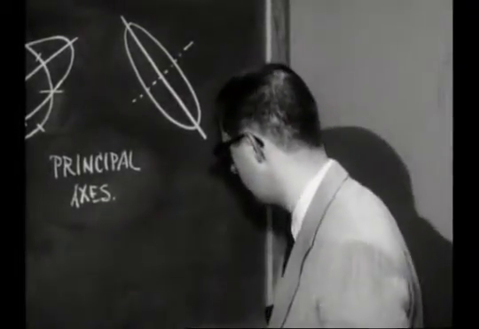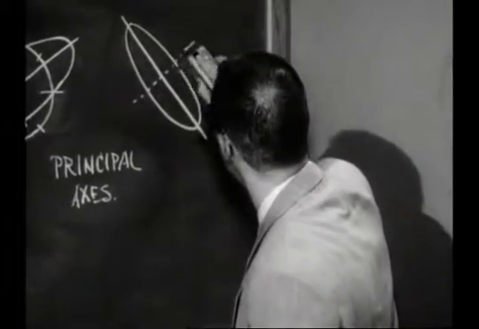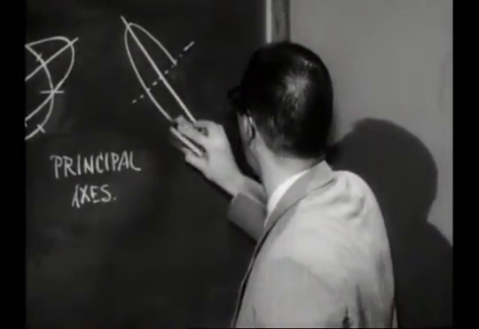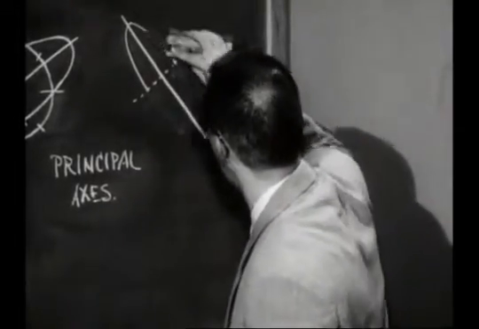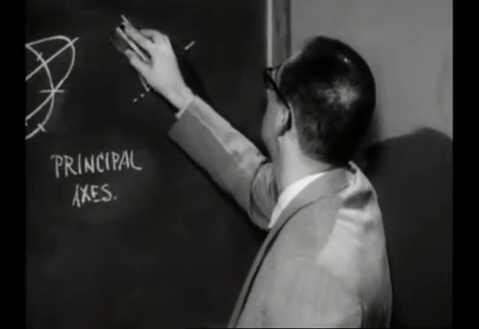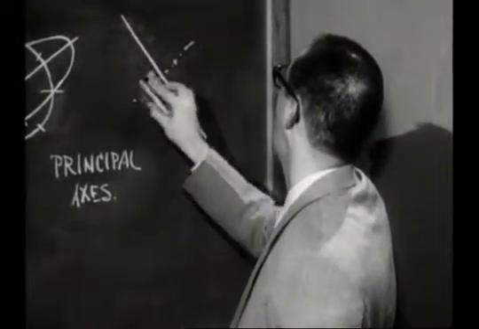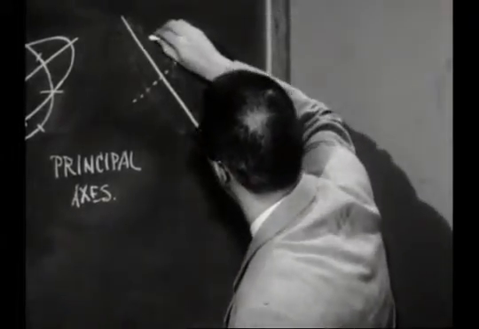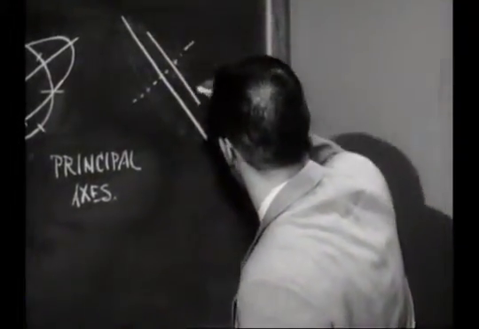Now, actually, we don't need the ellipse itself. We can just put in some lines parallel to the orientation of the axes.